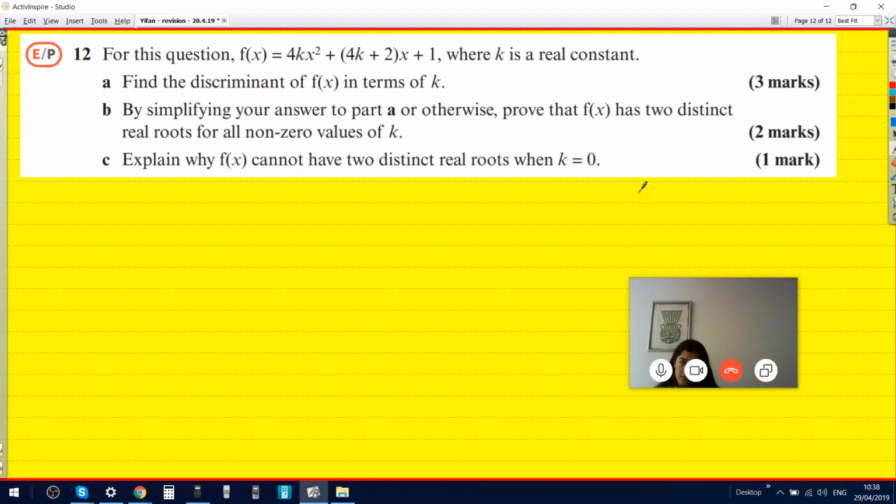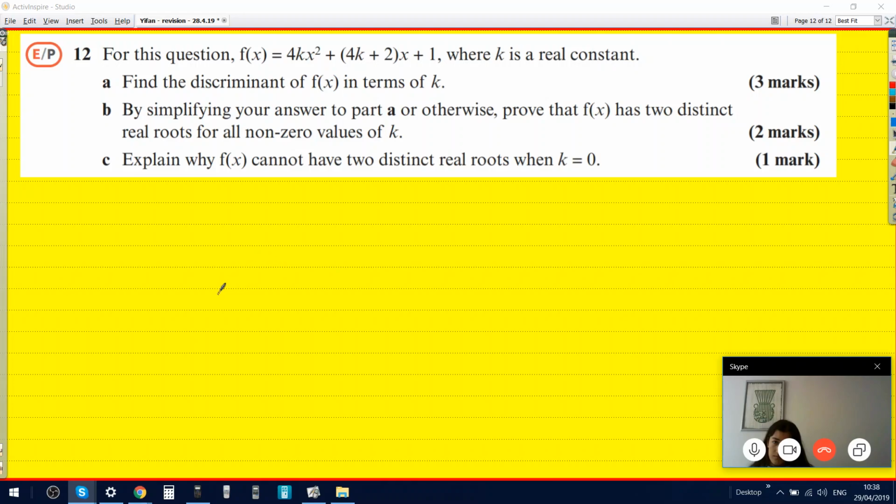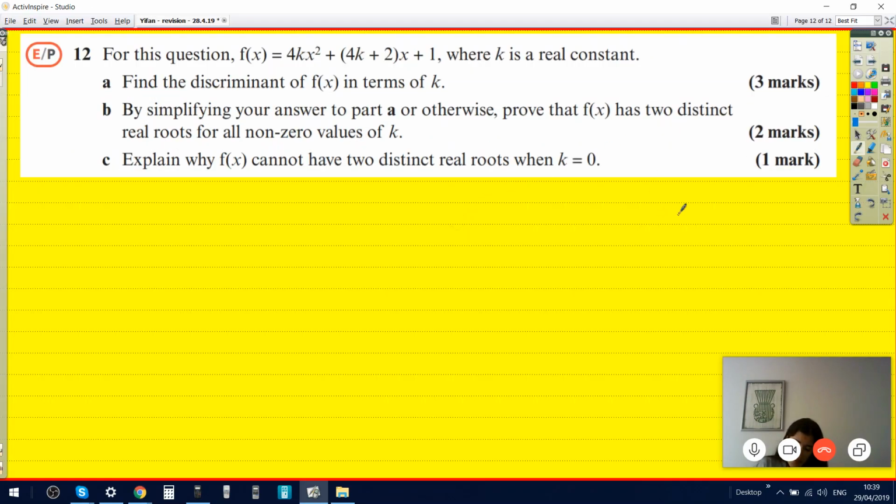Find the discriminant. Okay, good one. b squared minus 4ac.